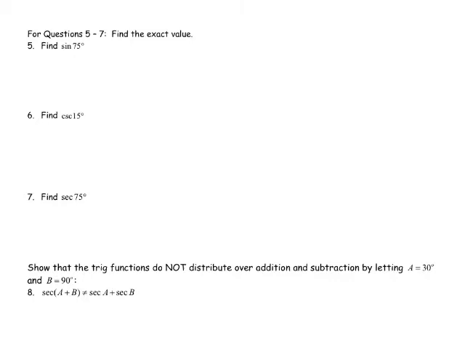Cosecant of 15 degrees is neither one of those angles that we know. But 15 degrees is, however, the composite of 45 degrees minus 30 degrees. So that's what I can consider for cosecant of 15 degrees.